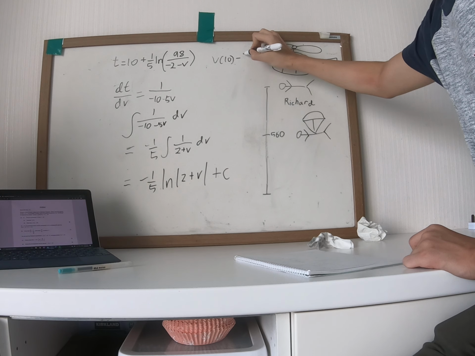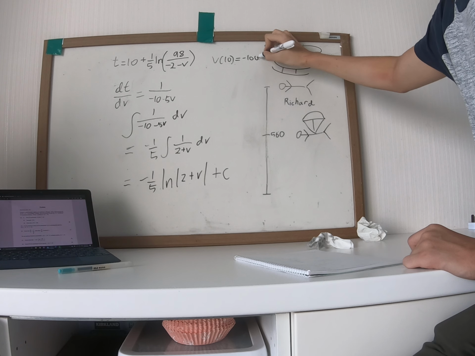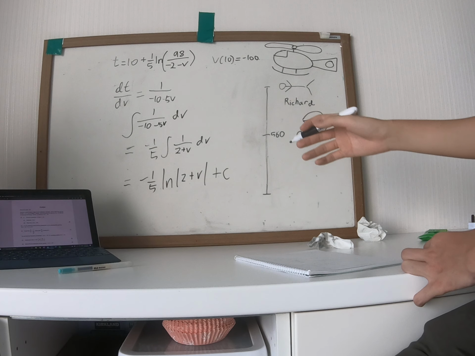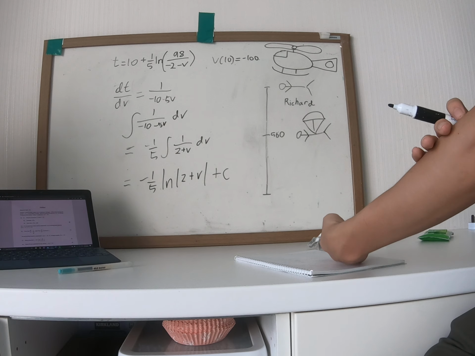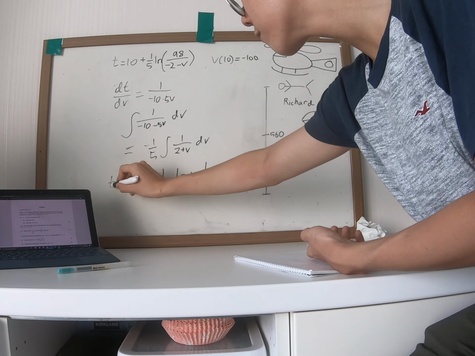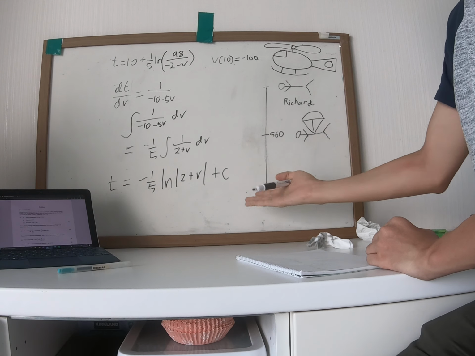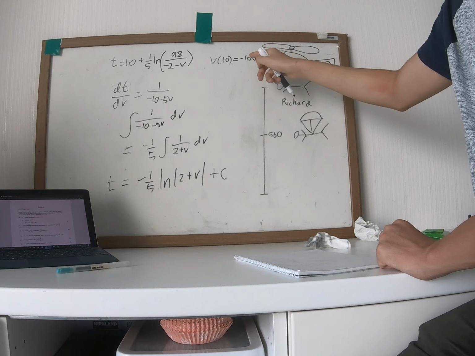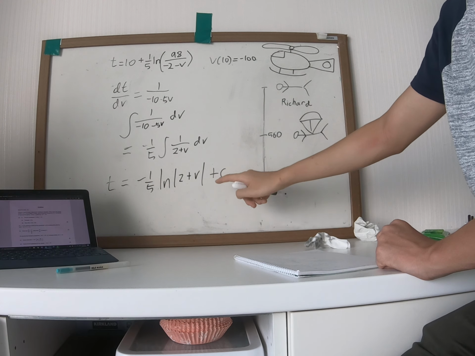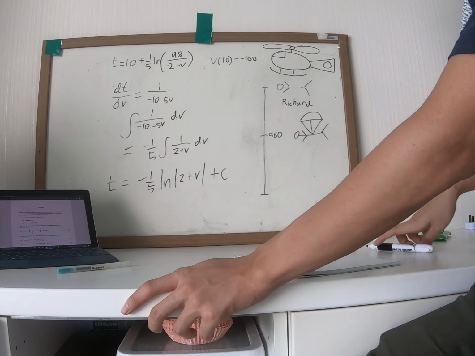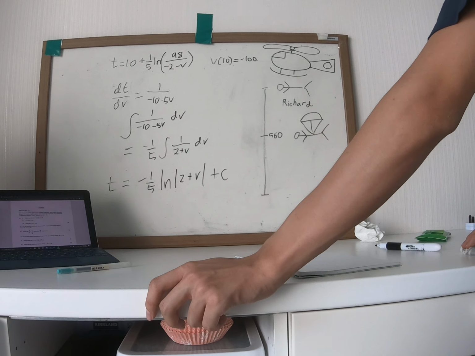V10 equals negative 100. We found that as our answer. And we can add that to our equation over here. Since this is the equation of t, we can add in 10 as our t value and negative 100 as our v value and get our c, which we will do right now after I erase the board a bit.